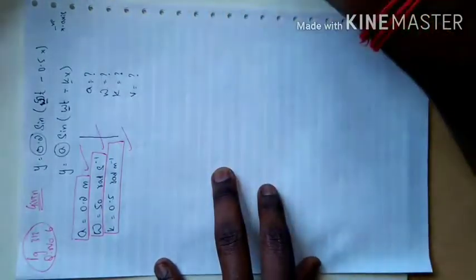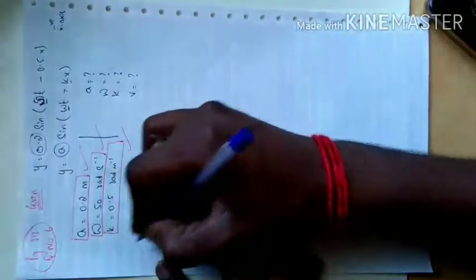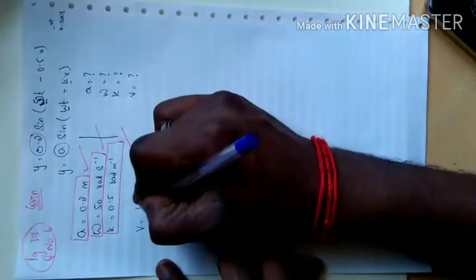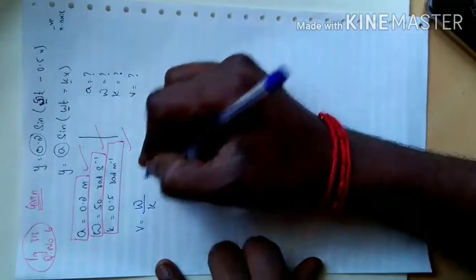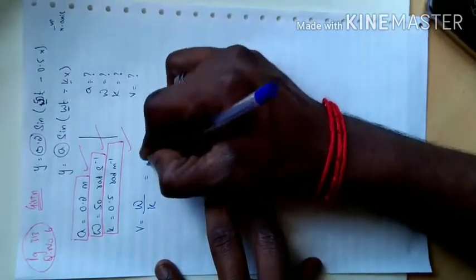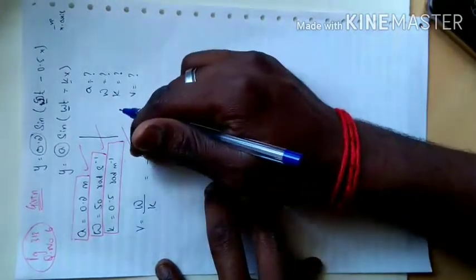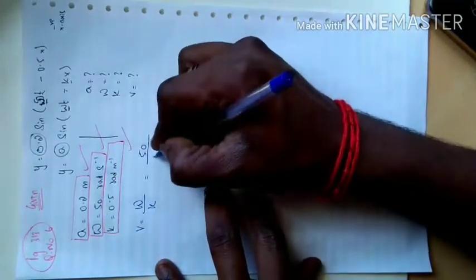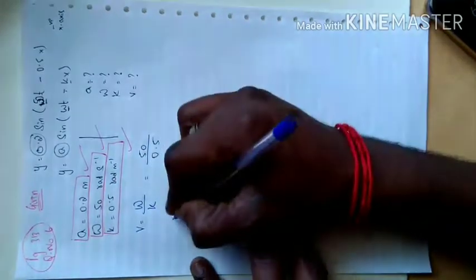Only what is left out here is velocity. In the previous problems, I would have given the formula for velocity, v is equal to omega by k. Do you remember this? Substituting the omega value 50, and the k value, it is nothing but 0.5.